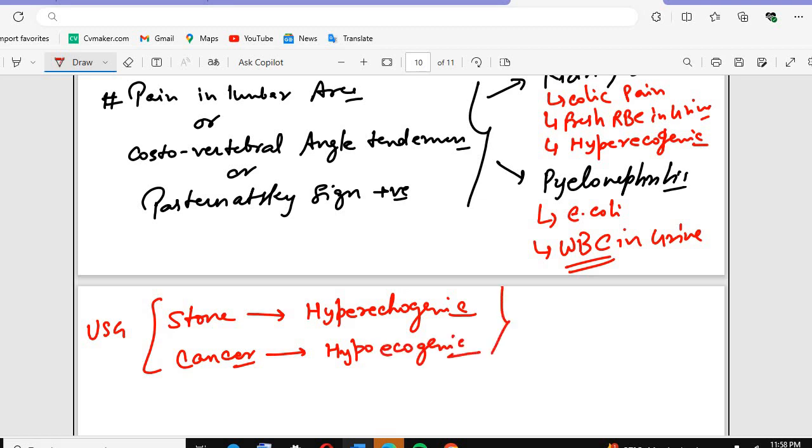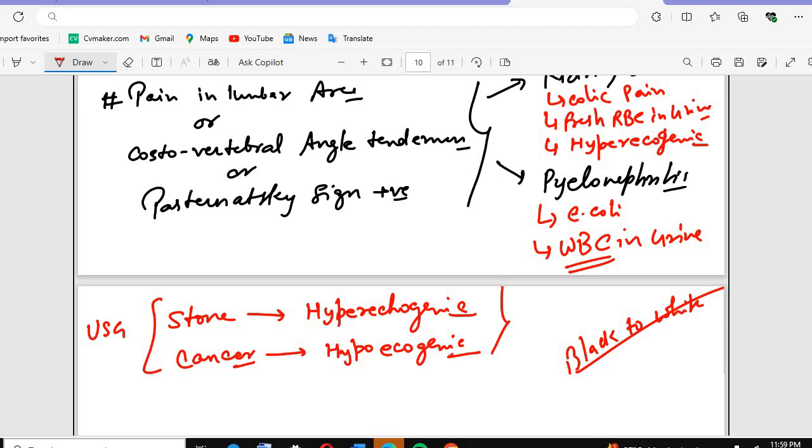In ultrasound, we see shades from black to white: dark black, then less dark, then gray, then lighter gray, up to white. So the stone will look hyperechogenic, more white. In cancer, the sound wave is absorbed, so it will look hypoechogenic.